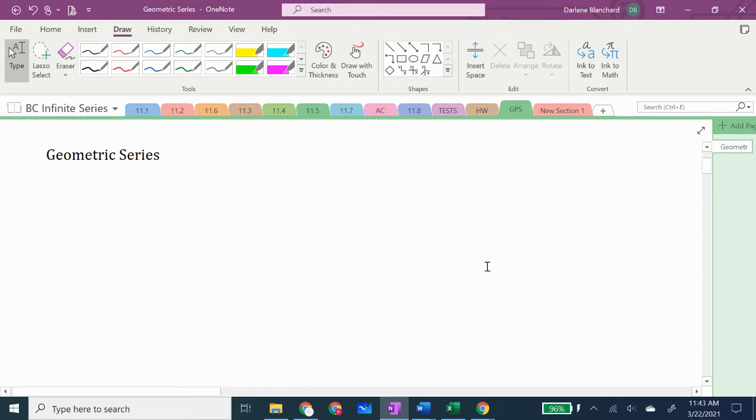Okay, geometric series. We are going to make a new geometric series where the first term is the number 1. But this time the R, the ratio, is going to be the variable x.